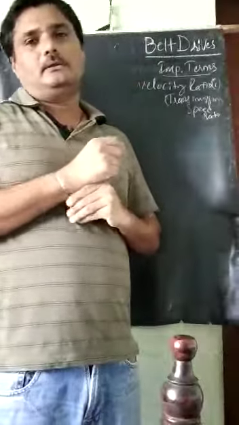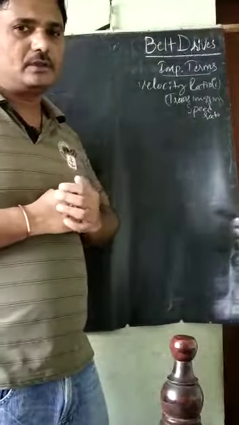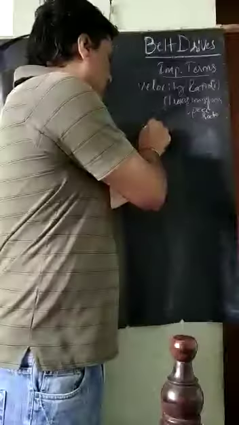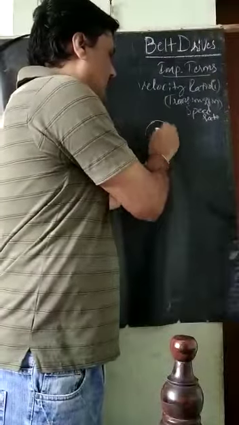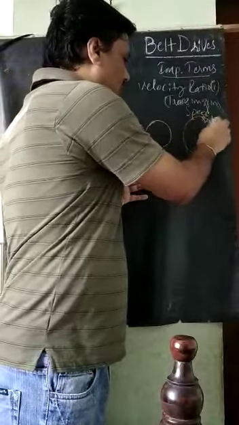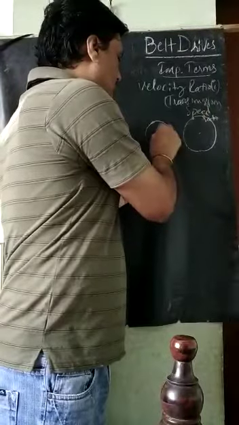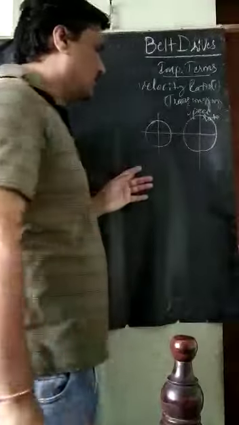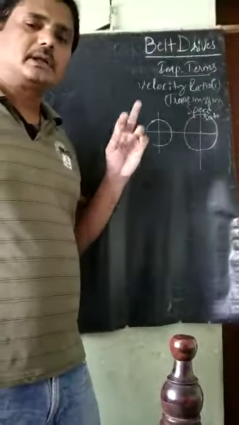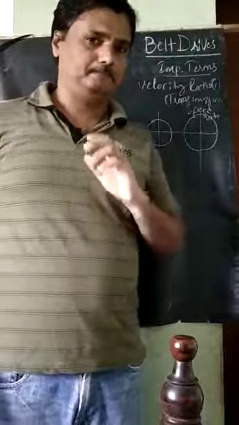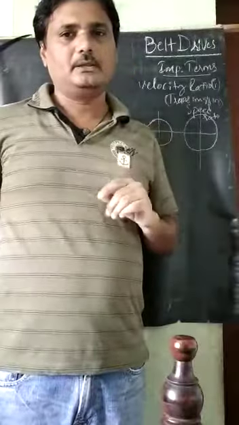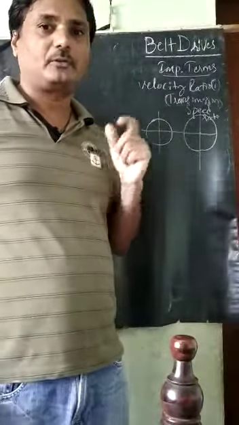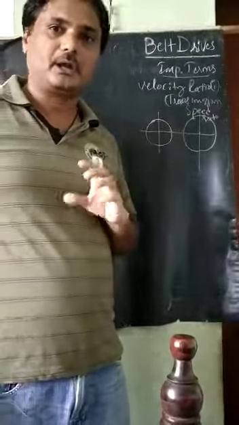And what is this velocity ratio? To study this, we will take this as the driver and this as the follower. One thing we have to note: for the driver we usually prefer a smaller diameter.